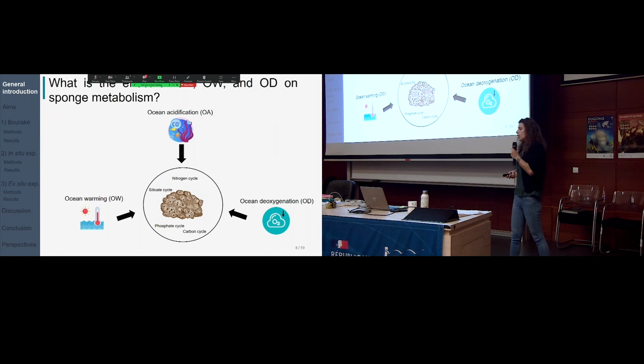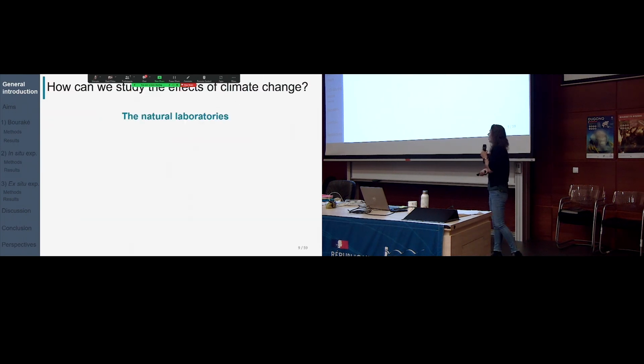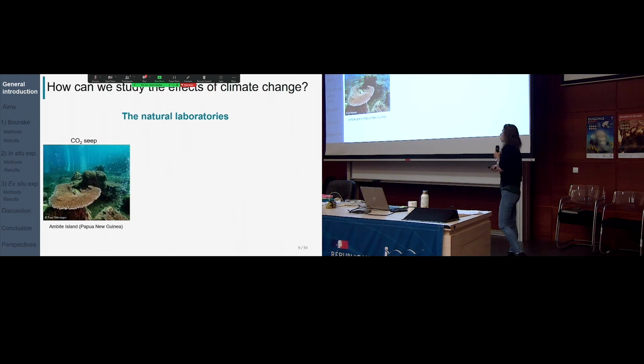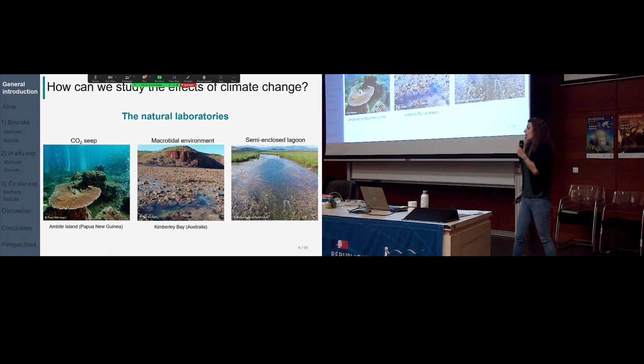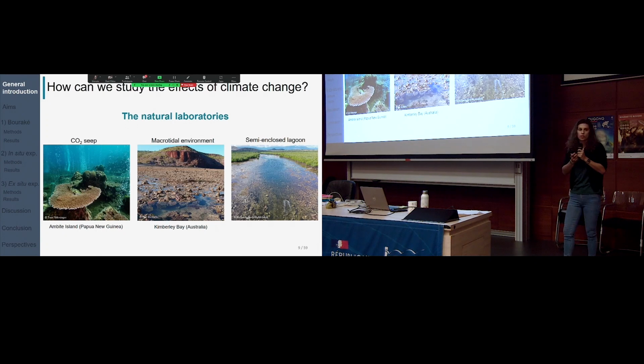To study the effect of climate change on sponge metabolism, one of the best approaches is to use natural laboratories, where we can study natural variability and get ecologically relevant results. CO2 seeps, macrotidal environments, and semi-enclosed lagoons are natural laboratories where we can study the organisms' responses to ongoing climate change.